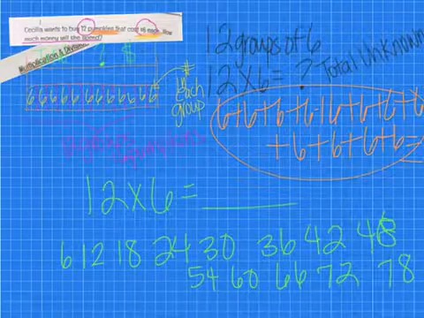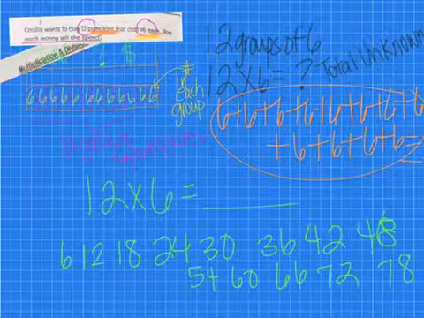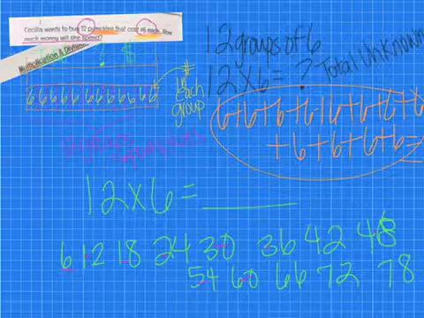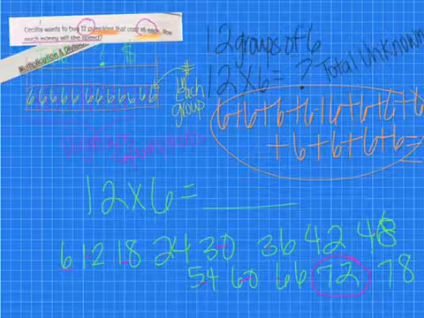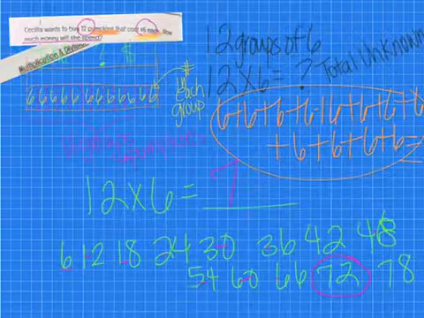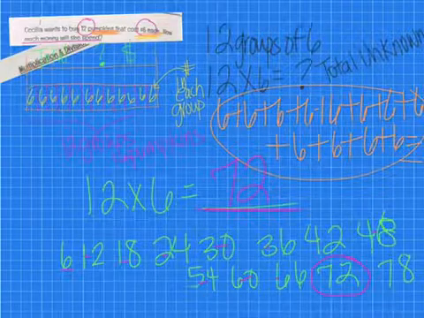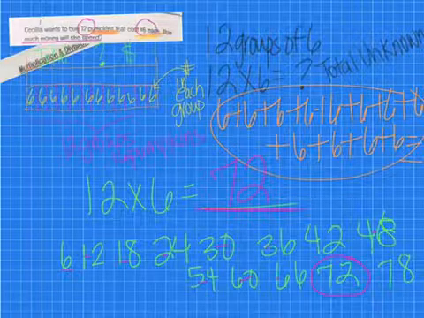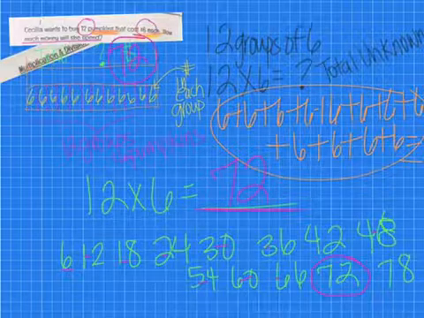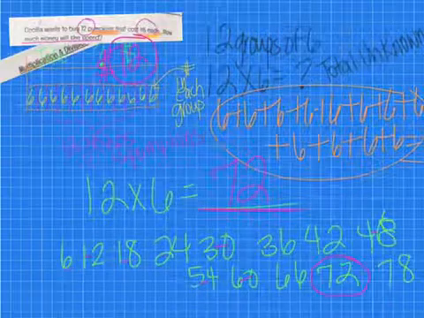And then all I would have to do is count 12. 1, 2, 3, 4, 5, 6, 7, 8, 9, 10, 11, 12. 12 groups of 6 gives you the product of 72. So Cecilia would have spent $72 on all 12 of those pumpkins.